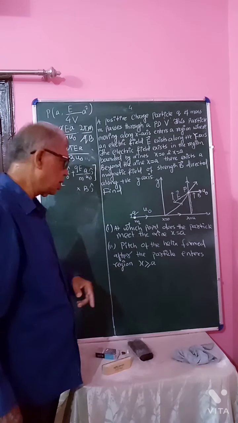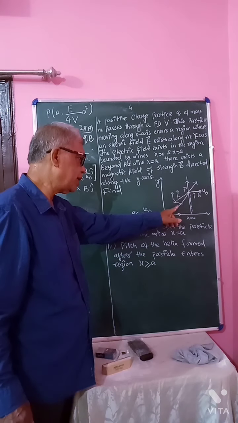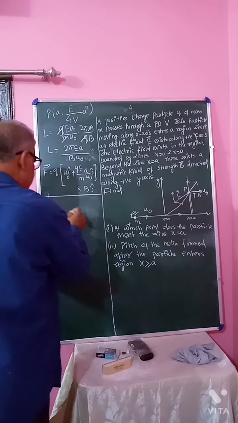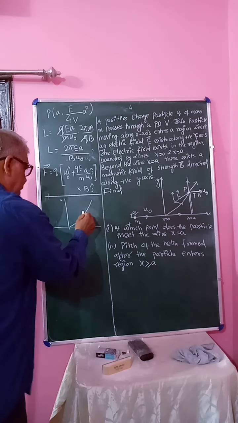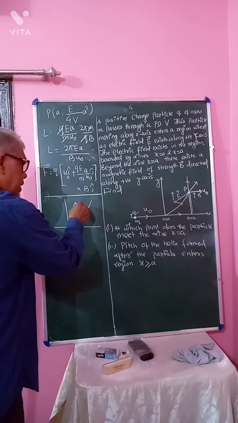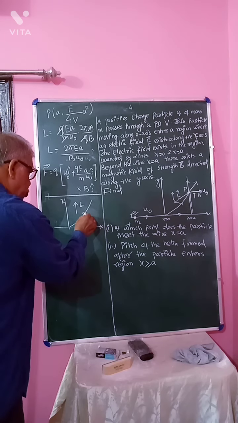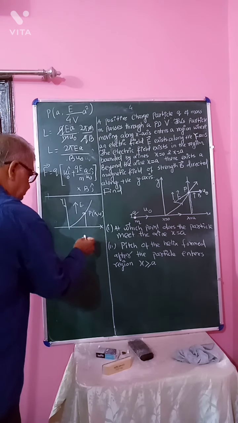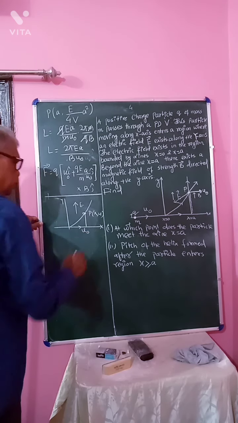Sometimes in the examination, it is asked to find out the equation of the trajectory of the particle in electric field. In that case, we can explain that let the electric field be along y direction. This is the x-axis, and choose any point P having coordinates x, y, and the particle enters into the electric field with a velocity u0, say.